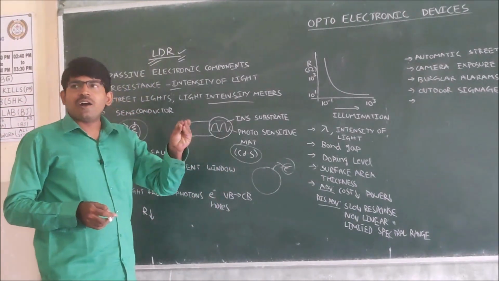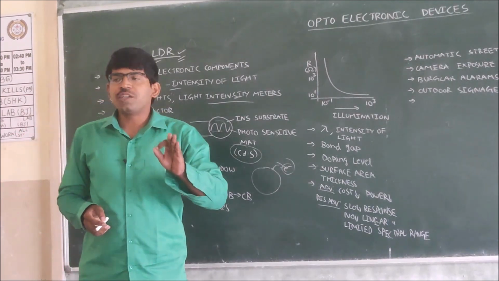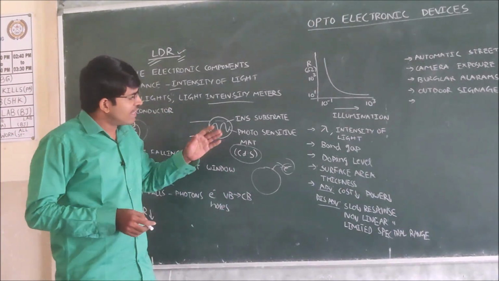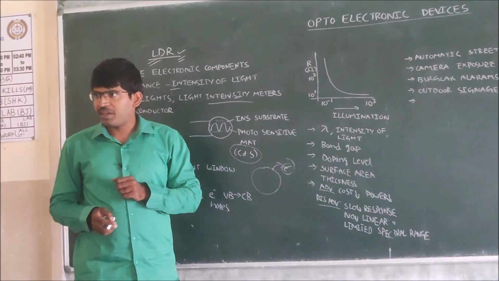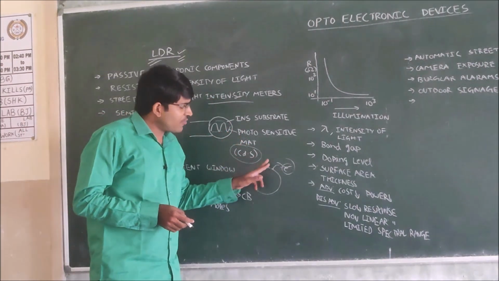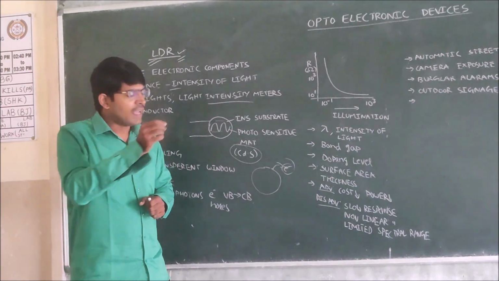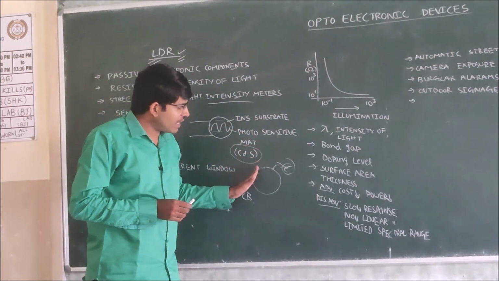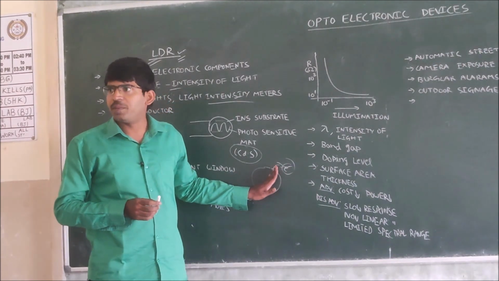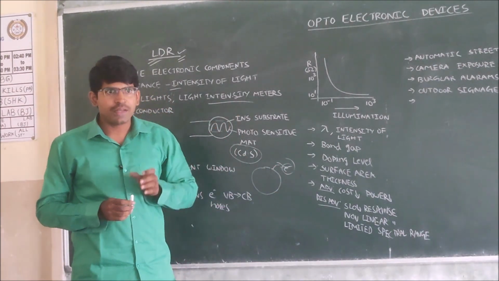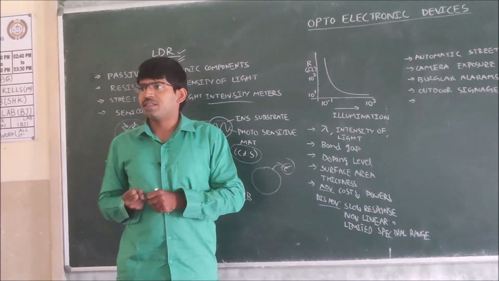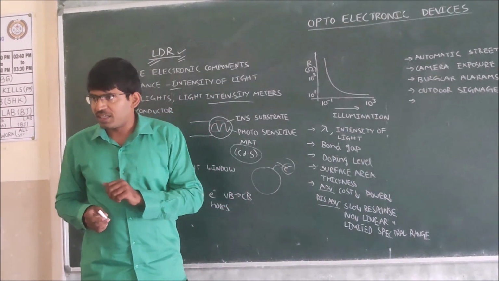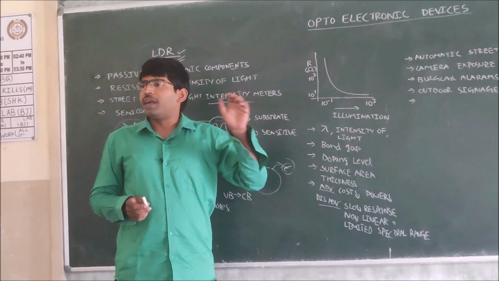So when the light falls on the photosensitive material, this is a semiconductor material. When the light falls on this material, the electrons in the last orbit, the valence orbit, get the energy. After they get the energy, they will come out of the atom.